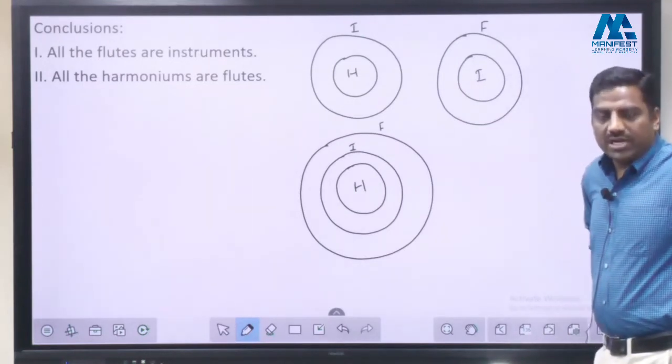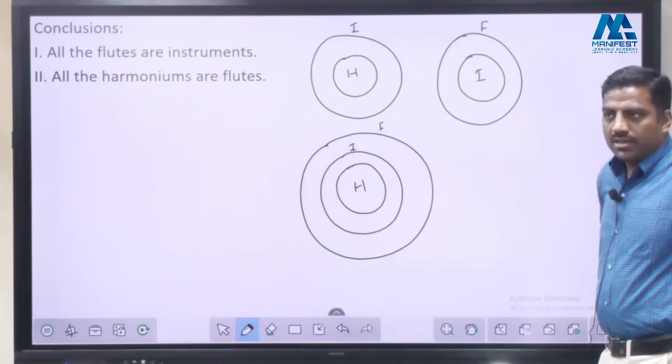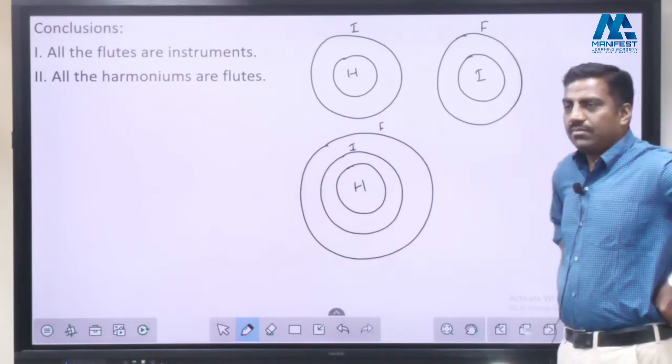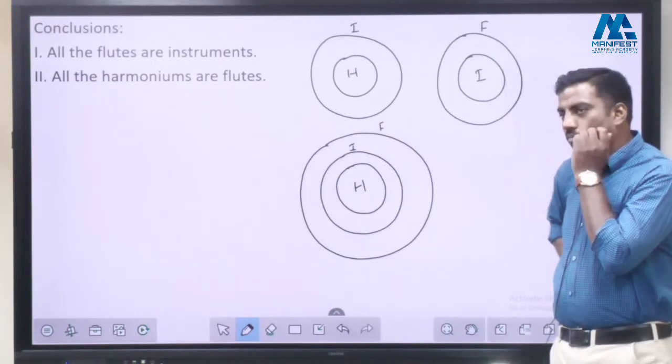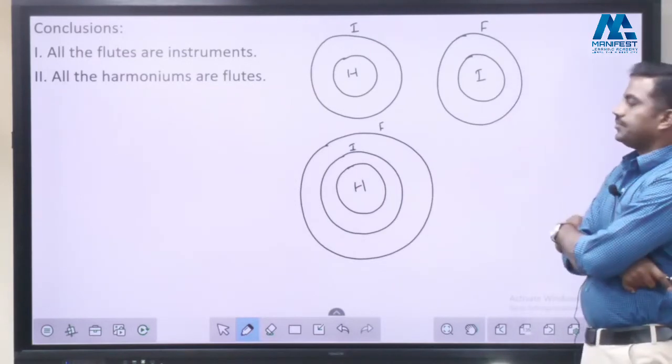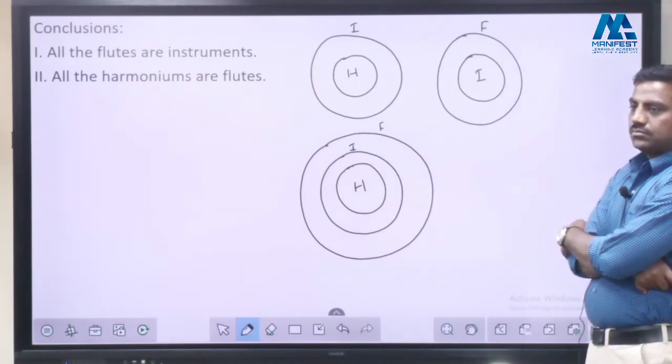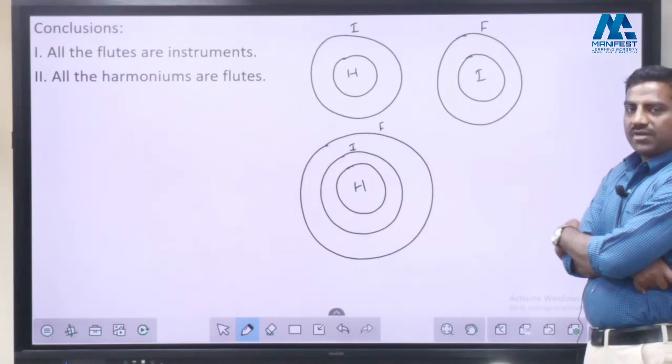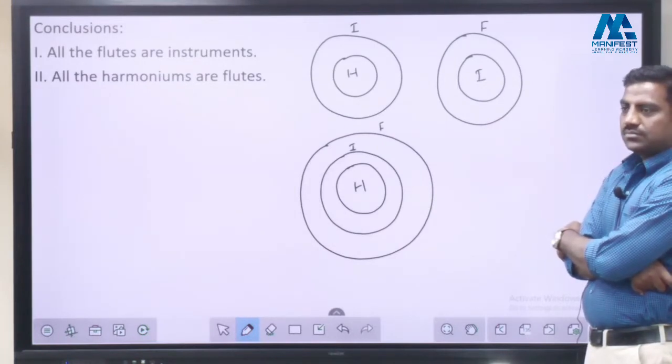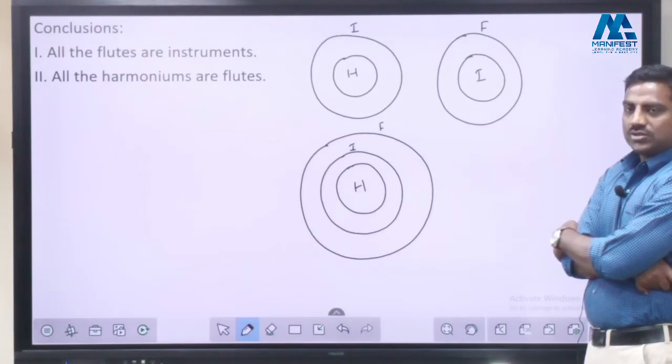Any other way you can write? Any other possibility of a diagram? No chance, right?